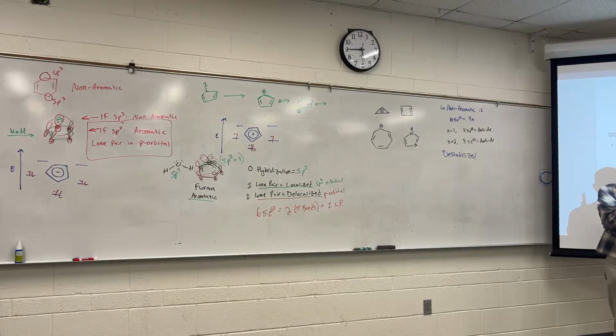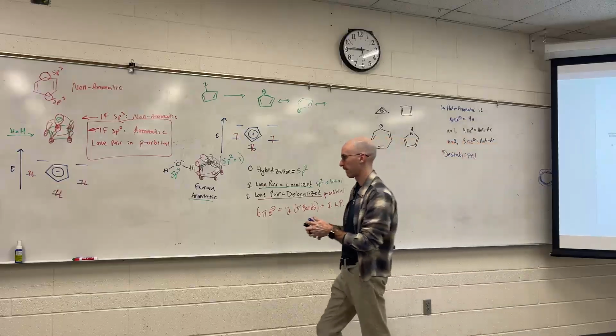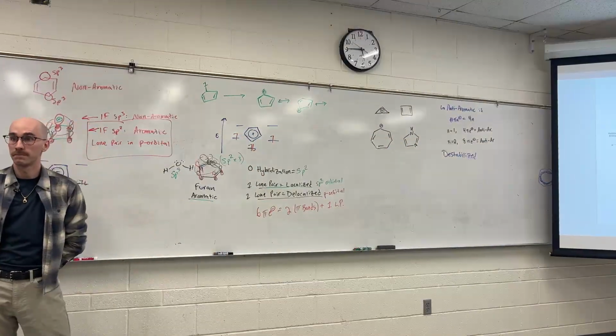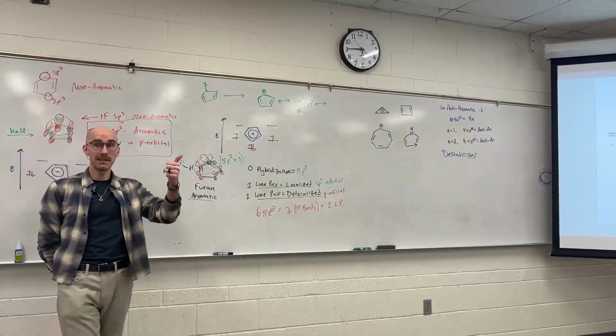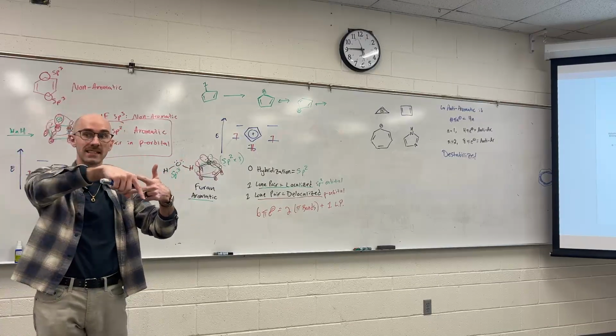cyclopropenyl cation. Aromatic, anti-aromatic, or non-aromatic? Assuming that it's cyclic, planar, and fully conjugated, why? But having it be cyclic, planar, and fully conjugated means it could also be anti-aromatic.